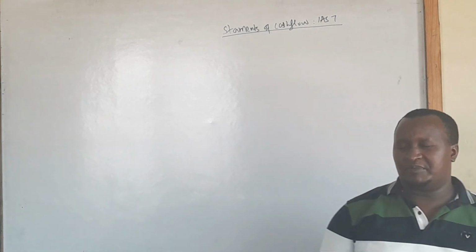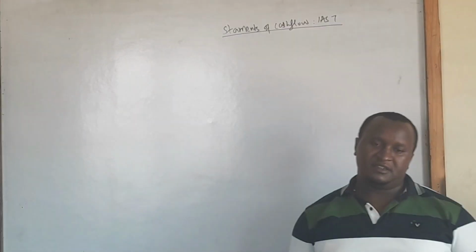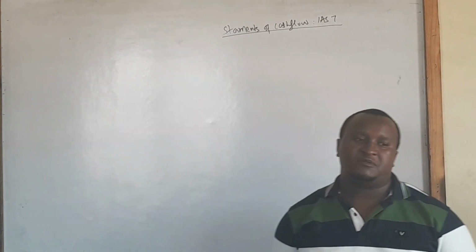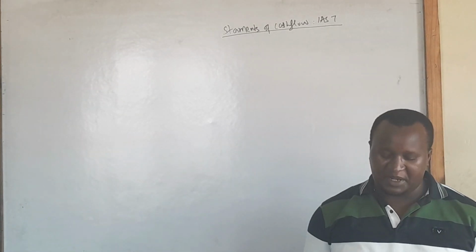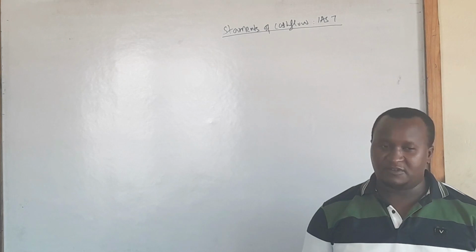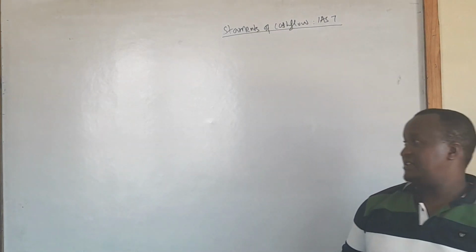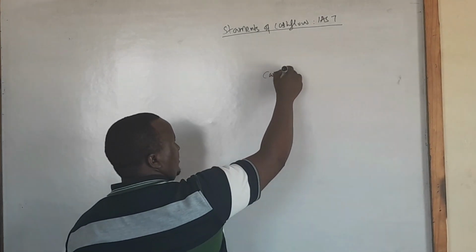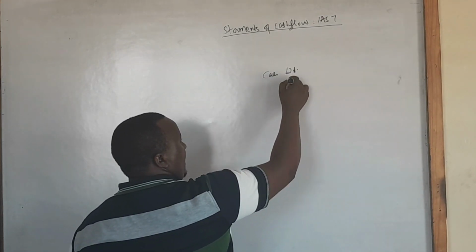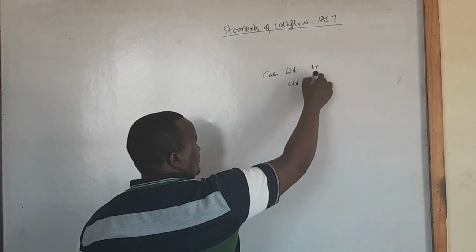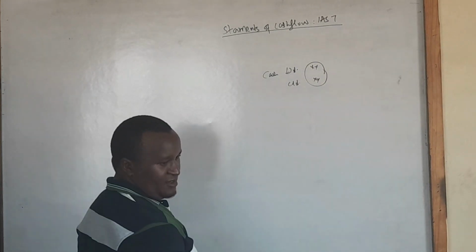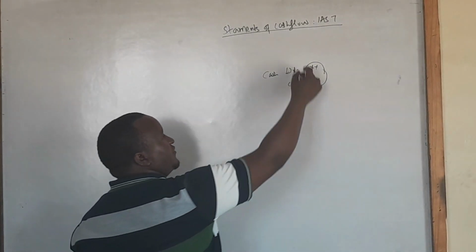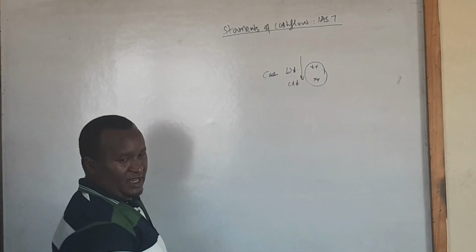Remember, when we talk about working capital, we talk about current assets minus current liabilities, the amount that we normally use to finance the operations. Generally, the cash flow statement is a reconciliation statement. It reconciles the cash at the beginning and the cash at the end, so that we can show the movement of cash during a particular period.